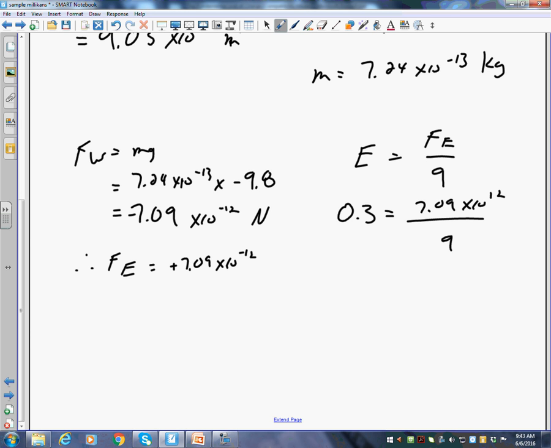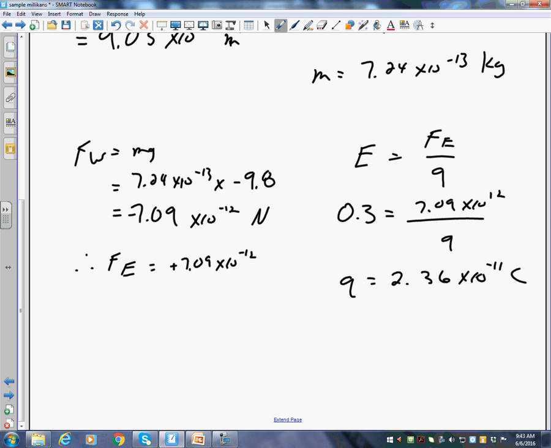Solving for Q by dividing. Again, I don't have to press clear. I just keep using that number in my calculator. Divide by 0.3 and you get 2.36 times 10 to the minus 11 coulombs.